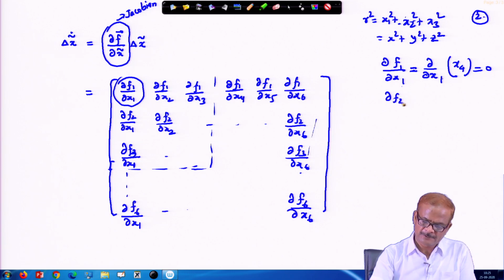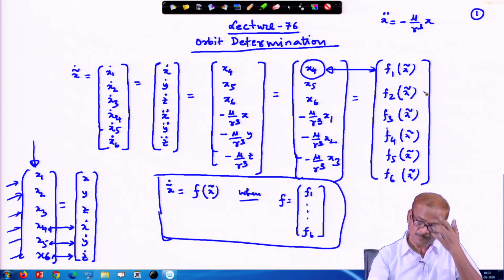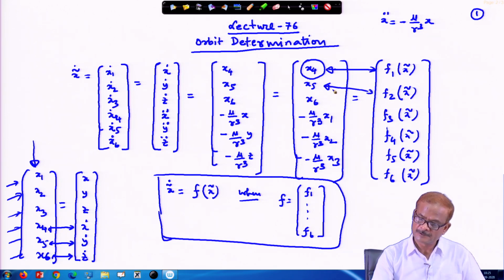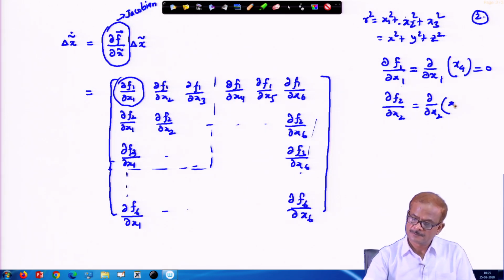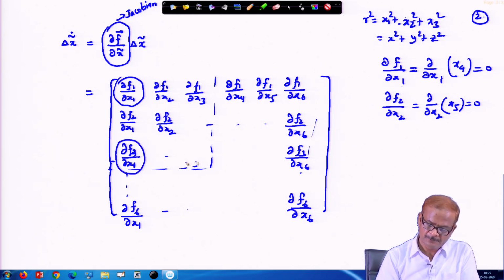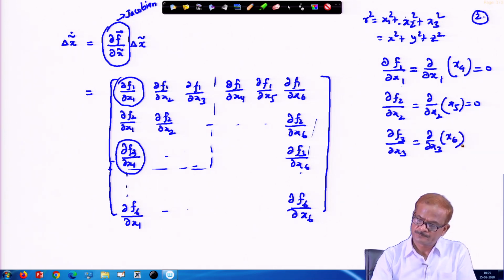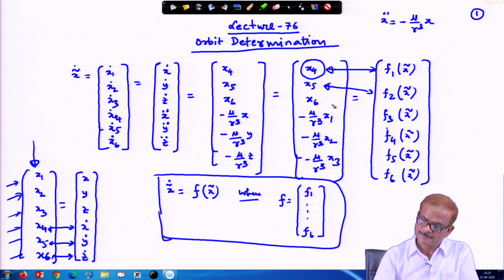You can check another one, let us say dou f 2 by dou x 2. f 2 is x 5, and therefore this also turns out to be 0. Any other element, let us say dou f 3 by dou x 3: f 3 is x 6. So, this quantity also vanishes.